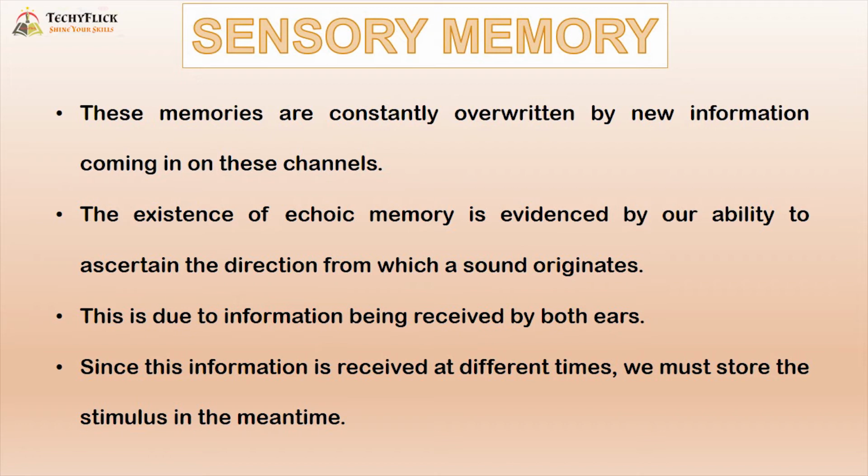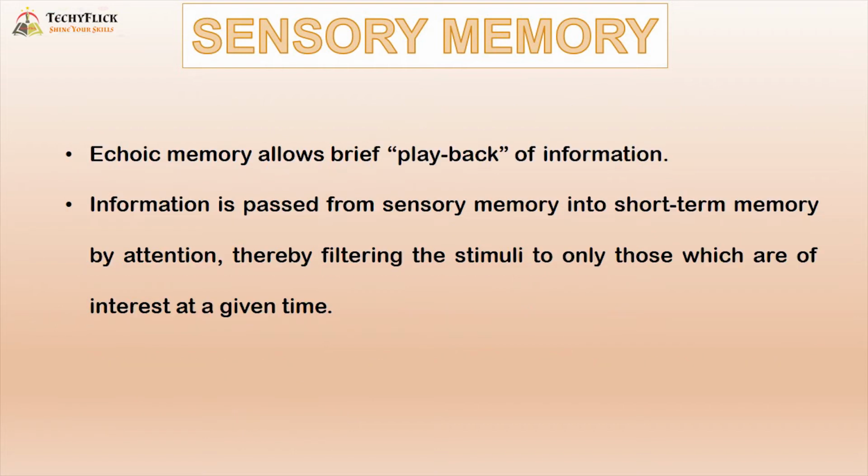The existence of echoic memory is evidenced by our ability to ascertain the direction from which a sound originates. This is due to information being received by both ears. Since this information is received at different times, we must store the stimulus in the meantime. Echoic memory allows brief playback of information.